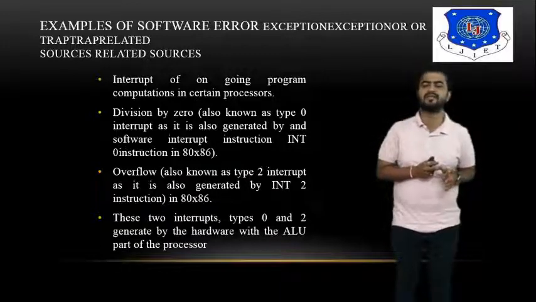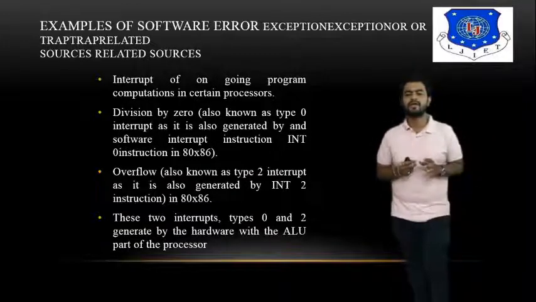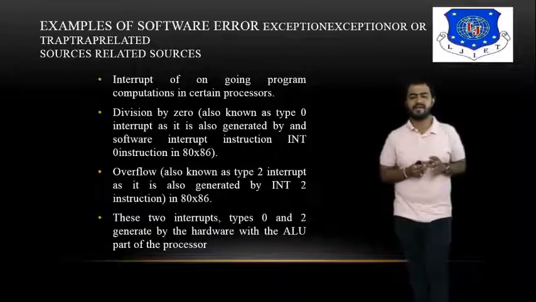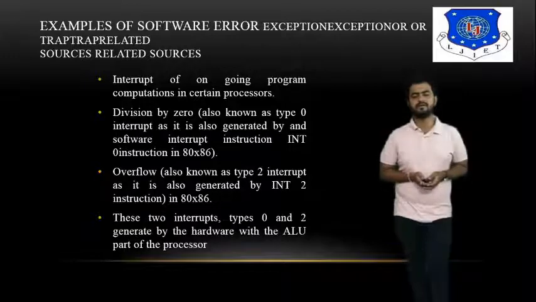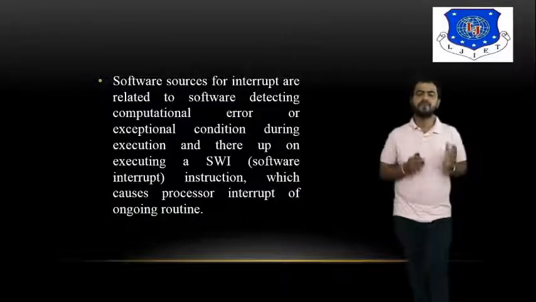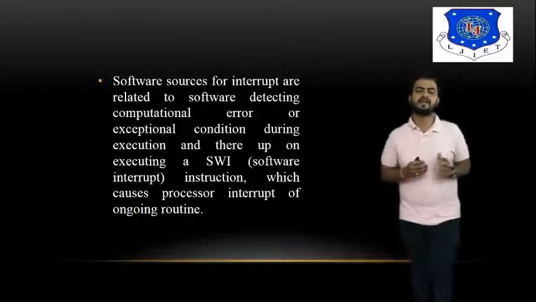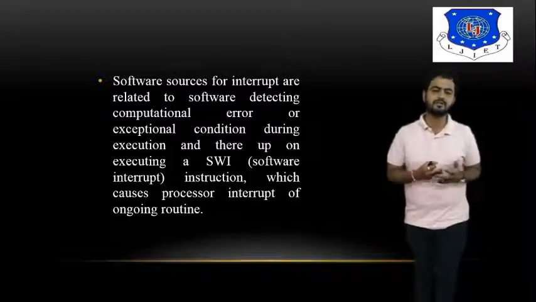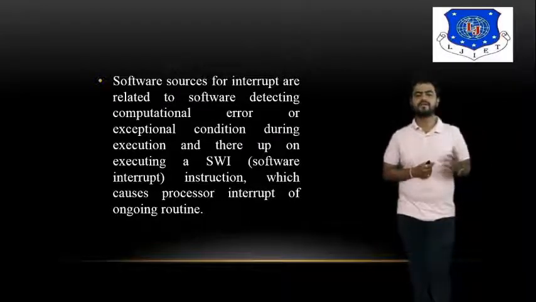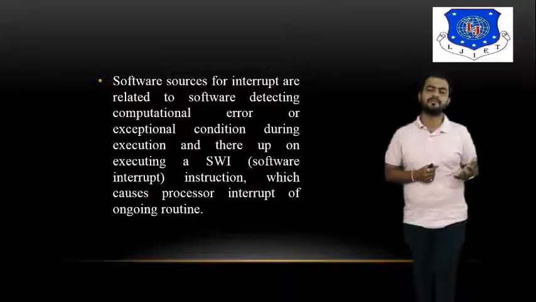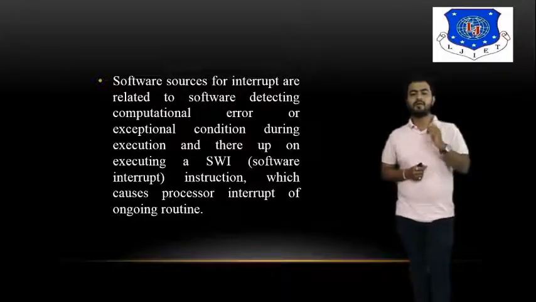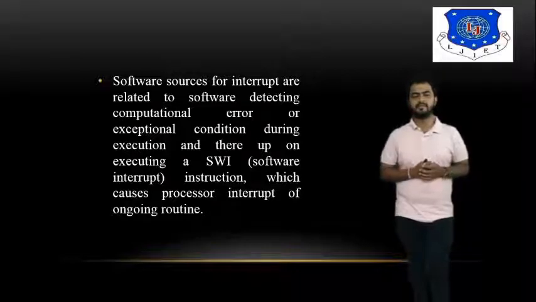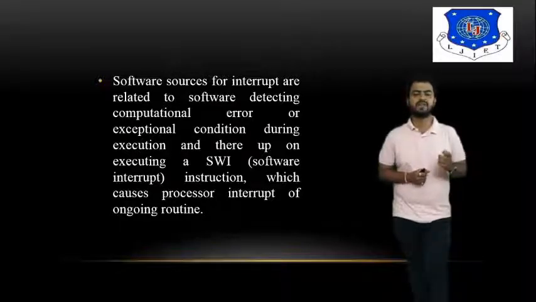If we are talking about 8085 or 8086, we are talking about two interrupts, type 0 and type 4, by hardware with the ALU part of a processor. So software sources for interrupt are related to software detection, computation error, or exceptional conditions during execution, and on executing a SWI software interrupt instruction, the processor interrupts the ongoing routine.